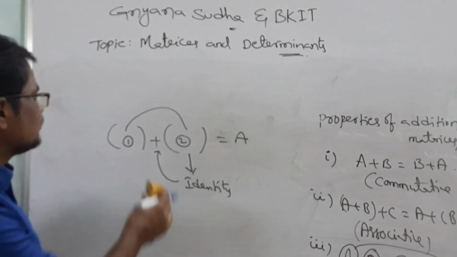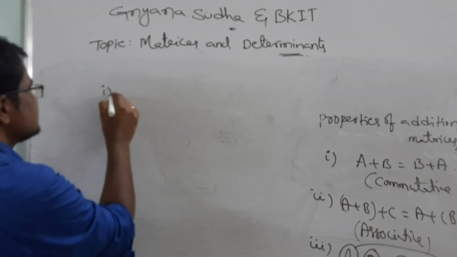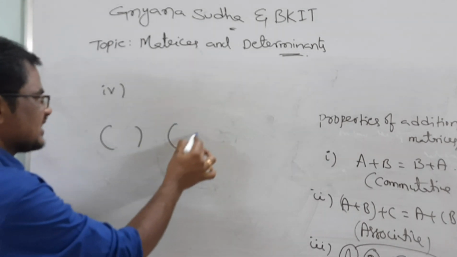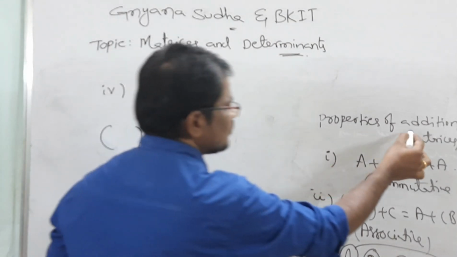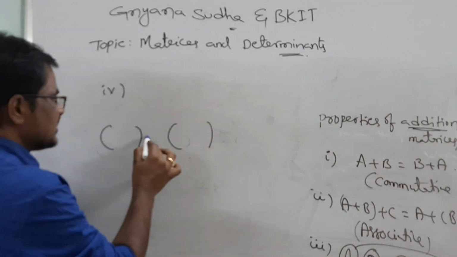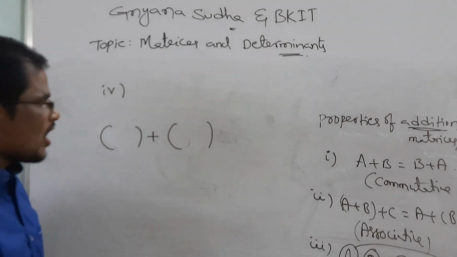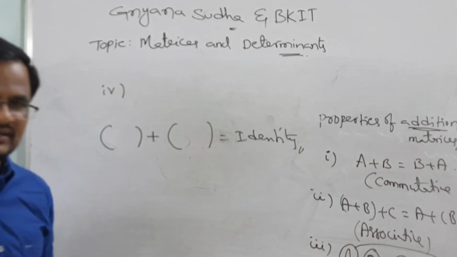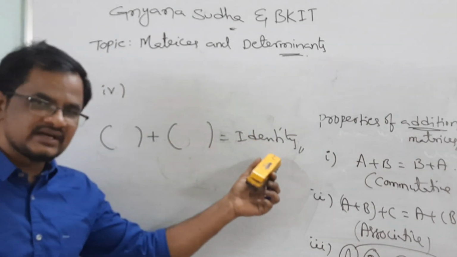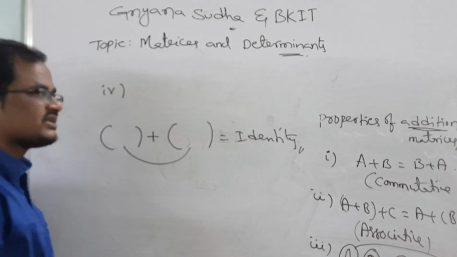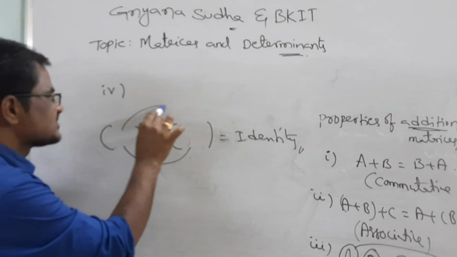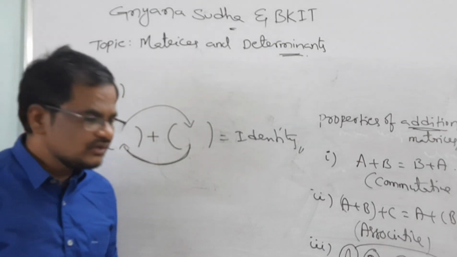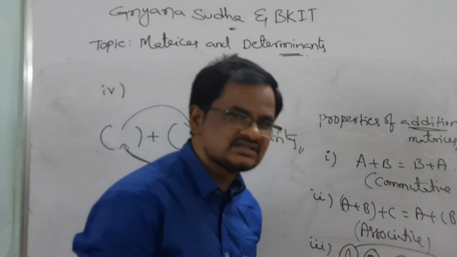Next, existence of additive inverse, the fourth one. Here one matrix is there, here another matrix is there. We are discussing the addition of matrices, so if you add these two and the output is the identity, then these two are inverses of each other. Here the additive identity is the null matrix.